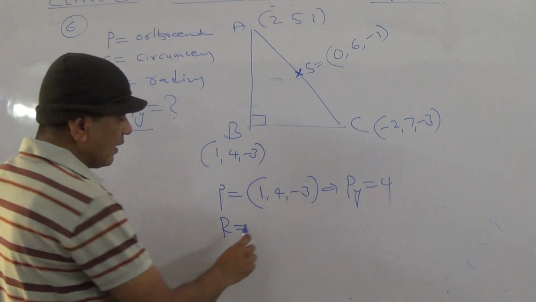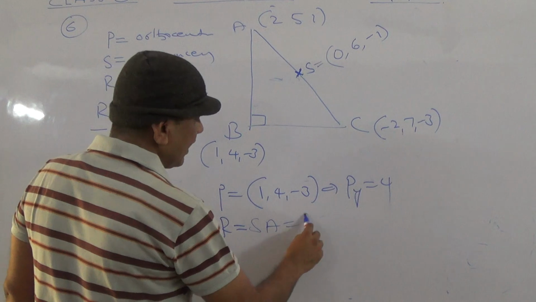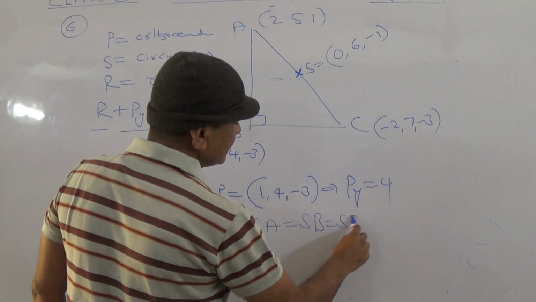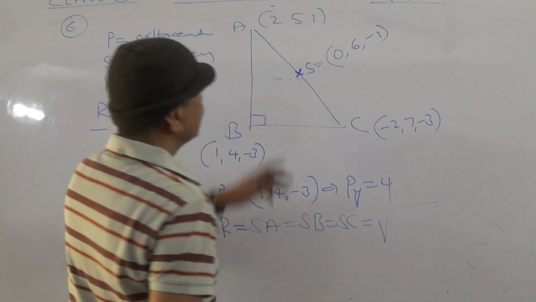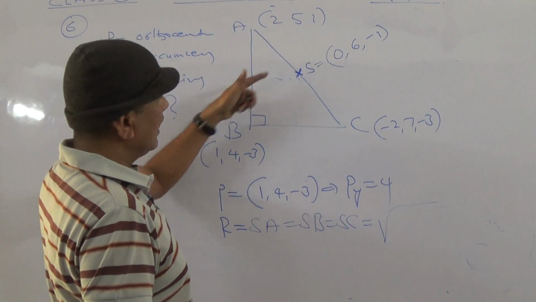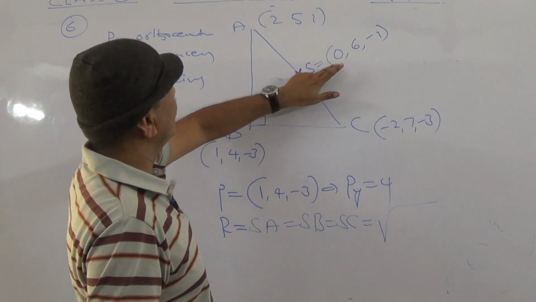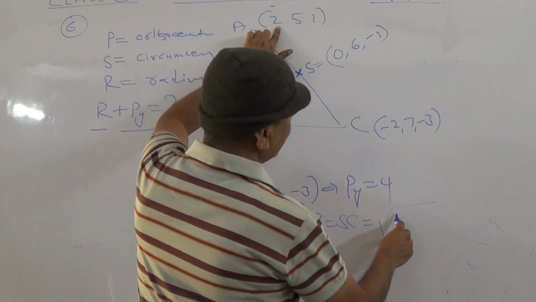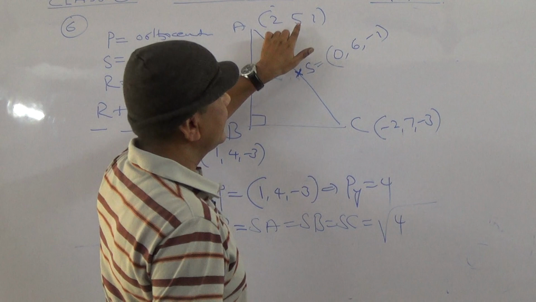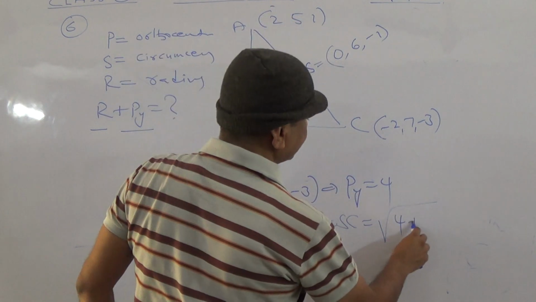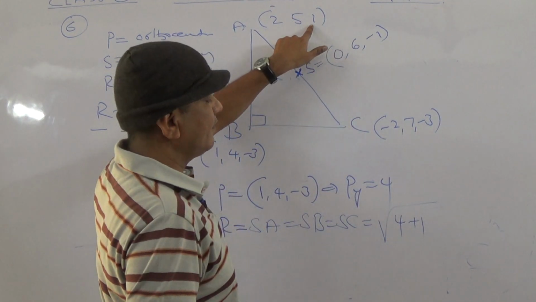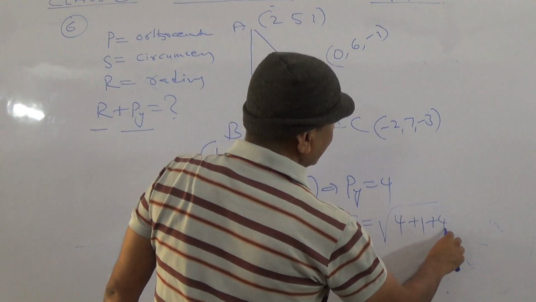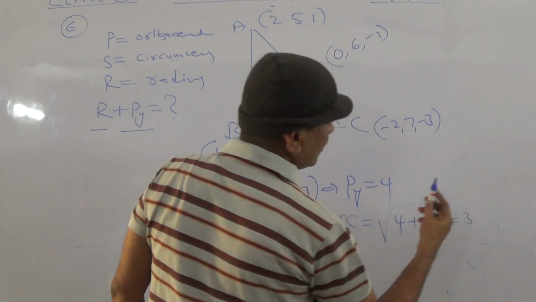We know that the circumradius is equal to SA or SB or SC. SA by distance formula: (0 minus 2) whole squared is 4, (6 minus 5) squared is 1, (-1 minus 1) squared is 4, that is root 9, equal to 3.